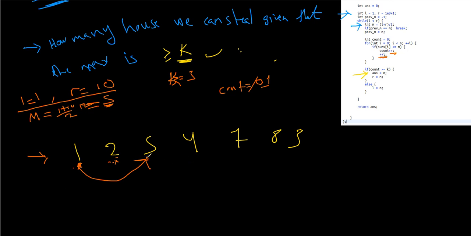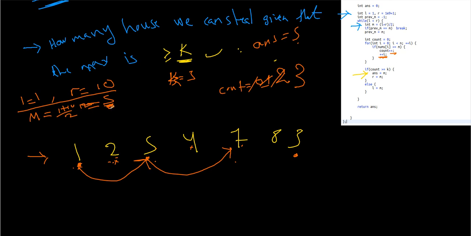Then 5 is less than or equal to 5, so increase the counter to 2, and we cannot steal this because it's adjacent to this, so we need to check this one. 7 is greater than 5, 8 is greater than 5, 3 is less than 5, so we increase the counter to 3, and that means we can steal 3 houses if the max value is 5. So we set our answer to 5.